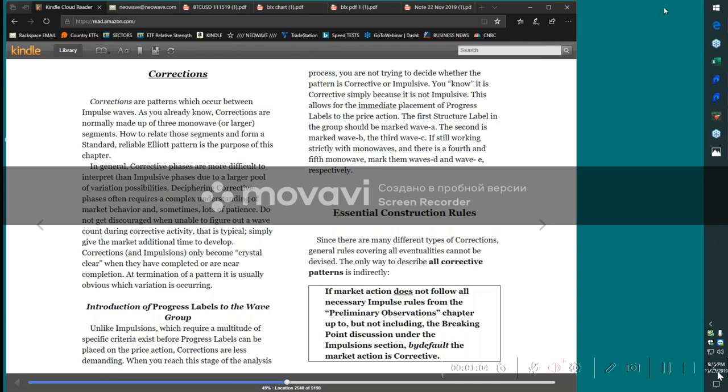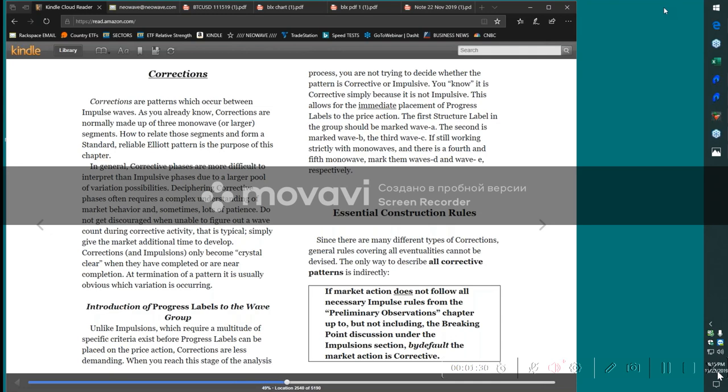Now, as you get really used to market action and get used to observing the way one wave reacts in relation to another, you won't have to go through that process. You'll just immediately probably know if something's corrective. Sometimes impulsive patterns are more difficult to be certain of. It's a lot easier in advance. It takes, say, 10 points in 1 day, followed by a decline that takes 9 points in 10 days.